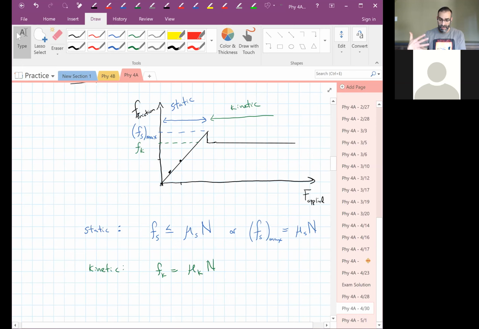You don't want your wheel to lock. When you hit your brake really hard, those wheels lock and then they don't turn anymore and you're in a skid. When you're in a skid, you can't steer. Your car is going to go whatever direction it was going before you went into the skid. You have no control anymore. You're in kinetic friction mode, which means that you're at a slightly lower friction than the maximum static friction force, right?